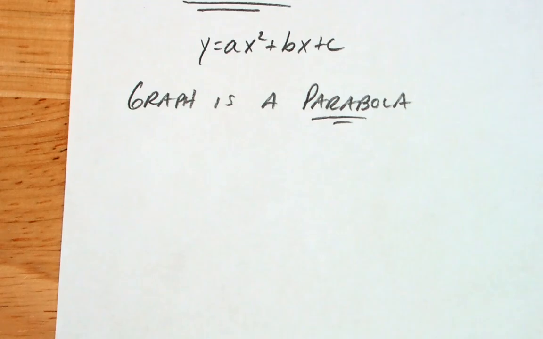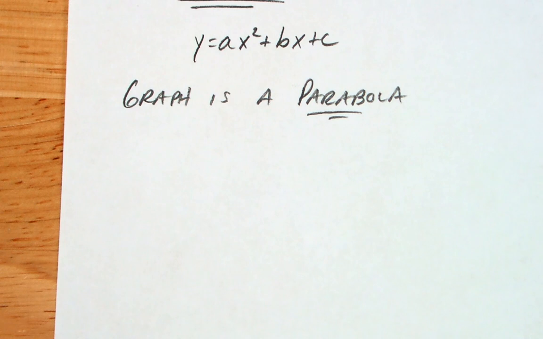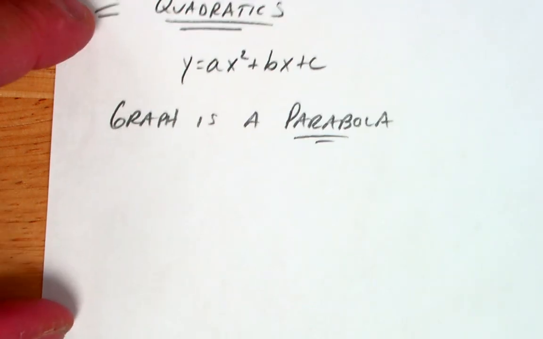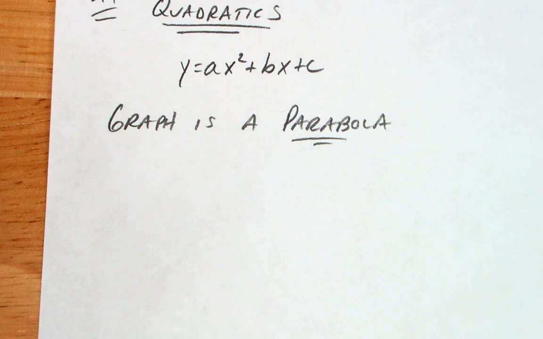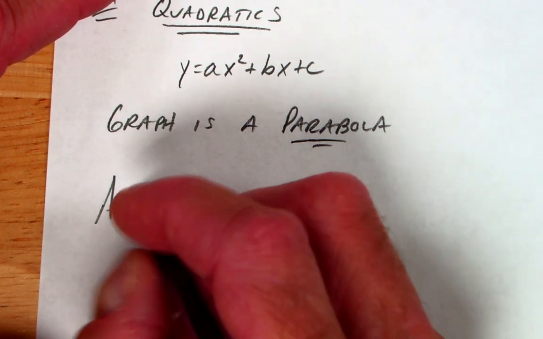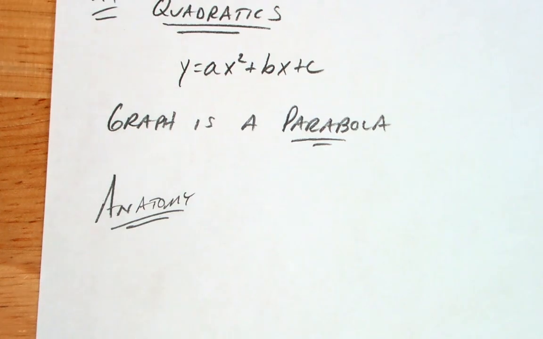Parabolas, I think, are cool. I think it's much more interesting than a line. It's much more applicable than a line. The stuff that is actually related by a quadratic, there's tons and tons and tons of things. But the shape itself is kind of cool. Okay? So the one thing I want to start off with is an anatomy lesson.